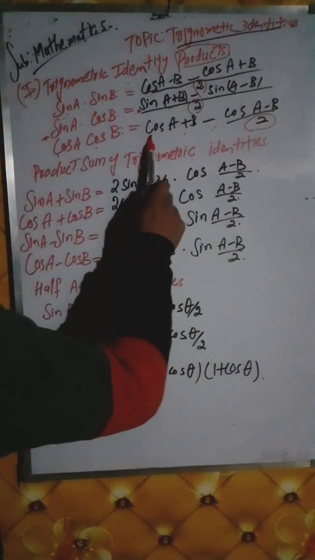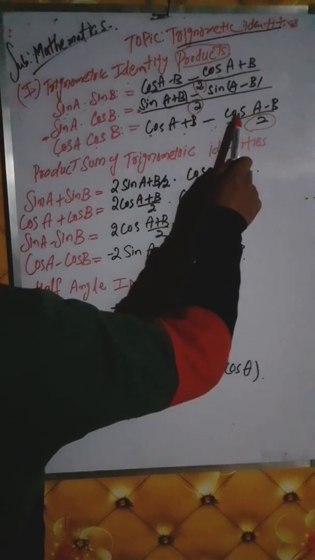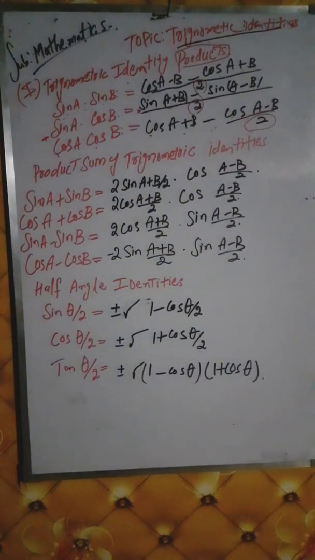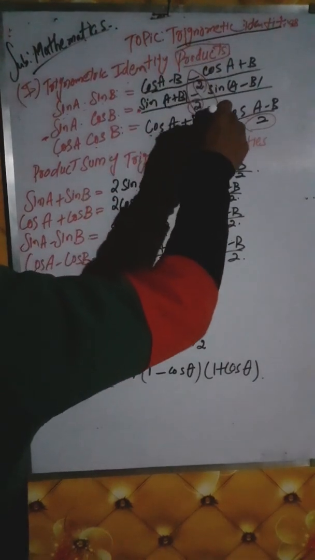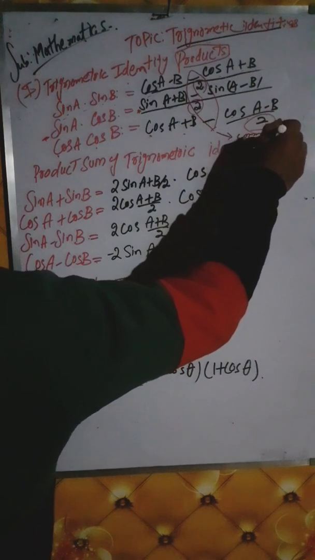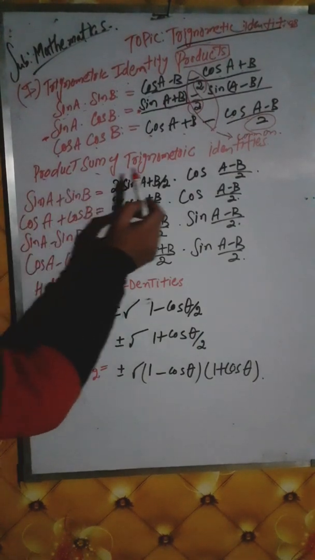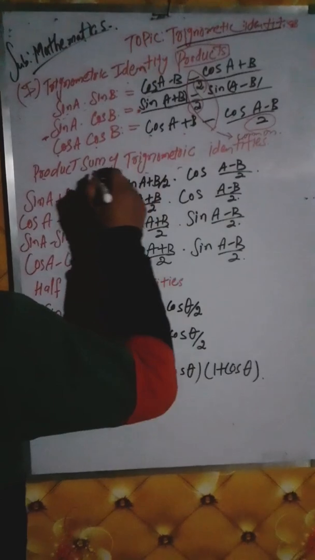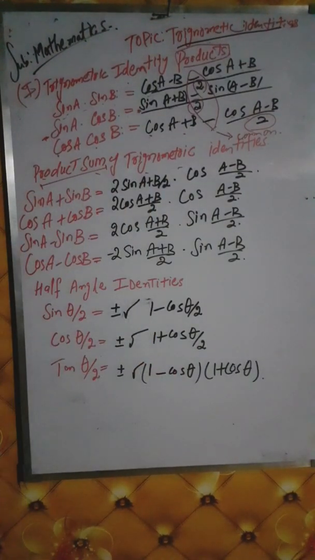Again cos A cos B: cos(A plus B) plus cos(A minus B), by 2. So let me tell you one thing: what is common in this. So you may note that I have another thing, the sum-to-product trigonometric identities.